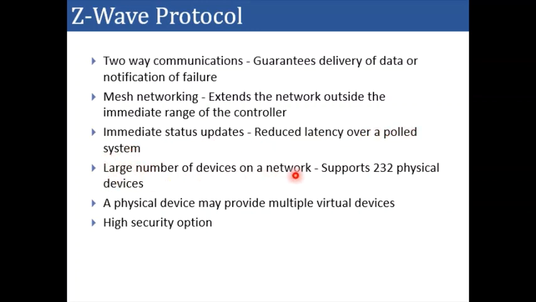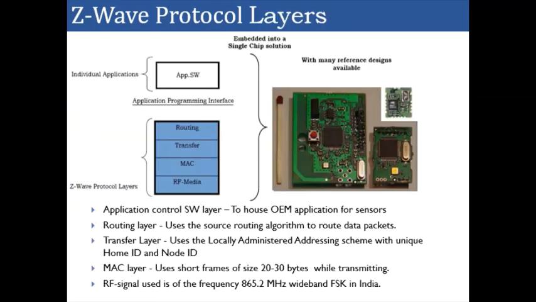A large number of devices can be added on the network. So basically it supports 232 physical devices at max in the Z-Wave node. A physical device may provide multiple virtual devices, and the security options are available in the Z-Wave protocol.